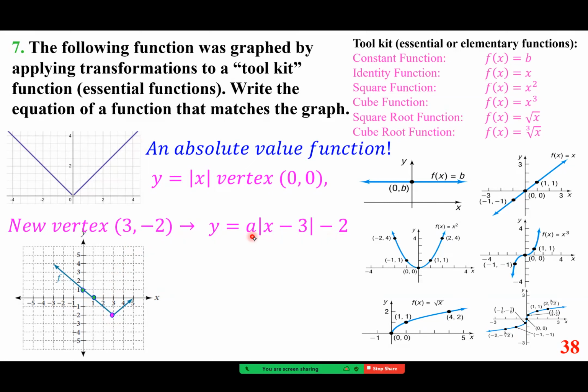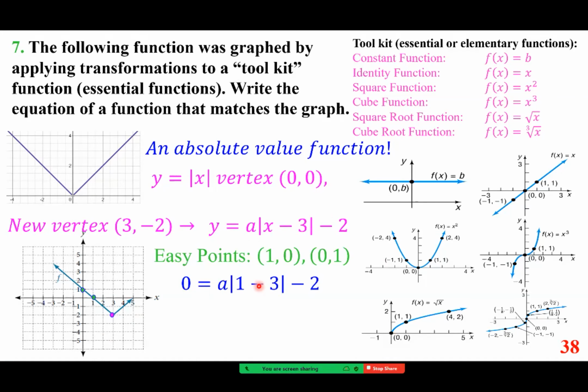And all you have to do is pick up any easy pair. For example, you can see 1, 0 here, 0, 1 here. You can plug it in. Any of those pairs, you don't have to do both. Any of those pairs will do the job. If you go with 1 and 0, that means replace the x with 1 and y with 0. This is 1 minus 3 or negative 2.